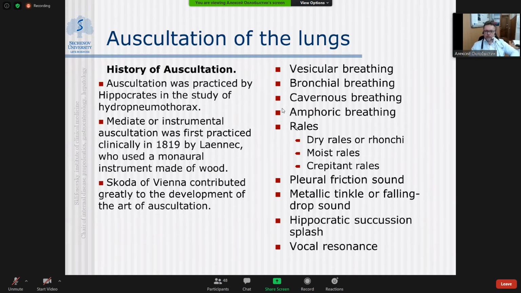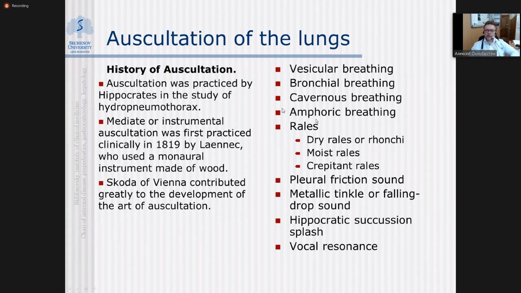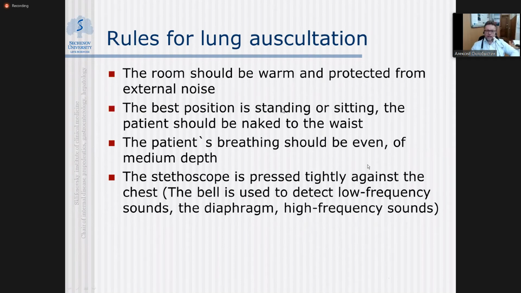Besides that, there will be some additional sounds related to basic respiratory sounds and extra sounds. The point is that there will be a different pattern, a different approach for auscultation of the patient's lungs while you're assessing the basic respiratory sounds and then the added respiratory sounds.